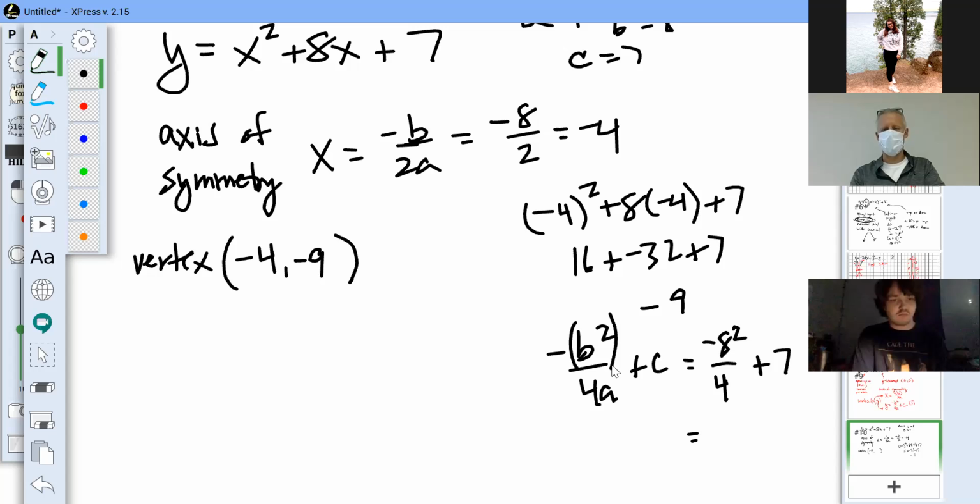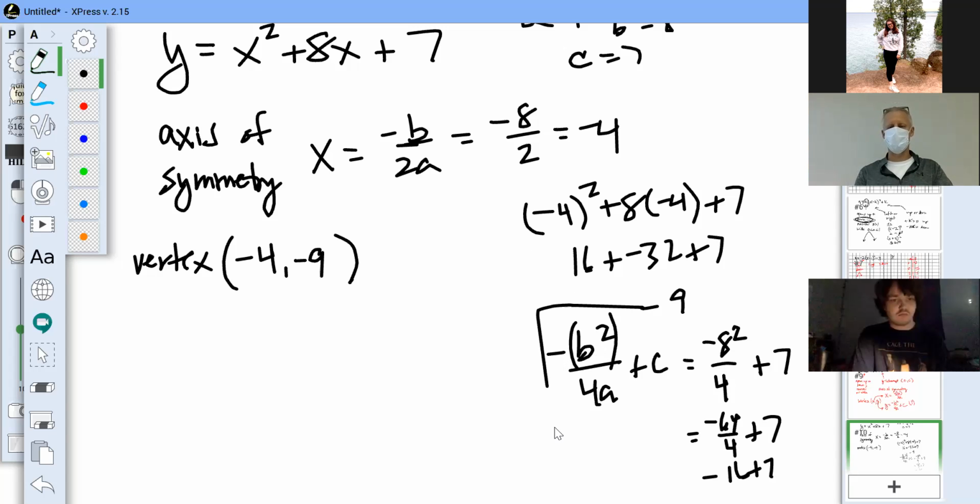Negative 64 divided by 4 is negative 16. Negative 16 plus 7 is negative 9. I'm pretty sure that's right. There's no way I just got lucky. So I'm pretty sure that's the y value of the vertex. So there it is.